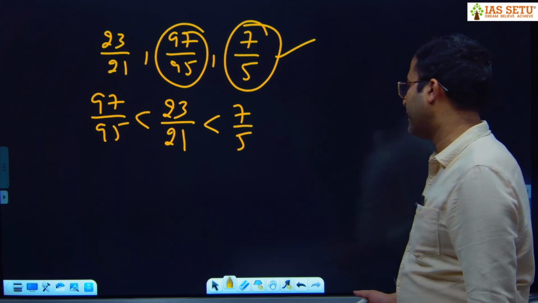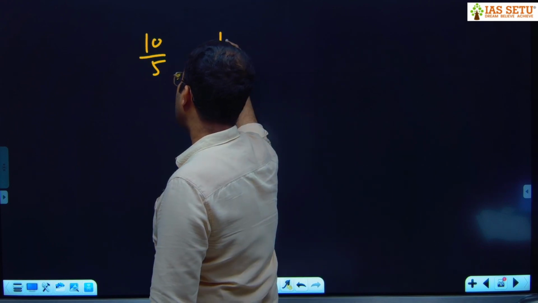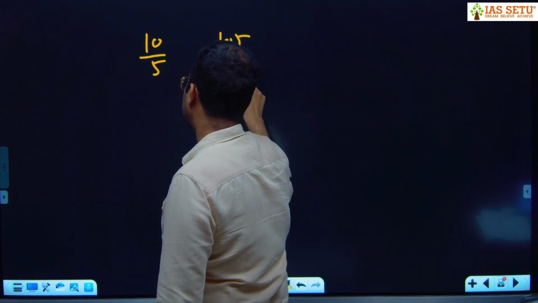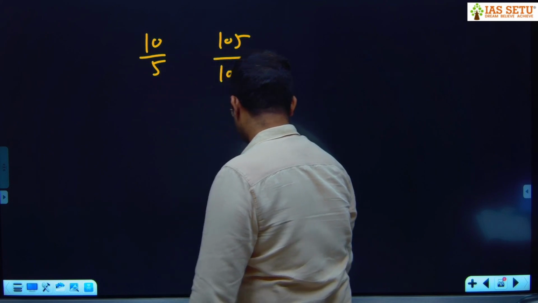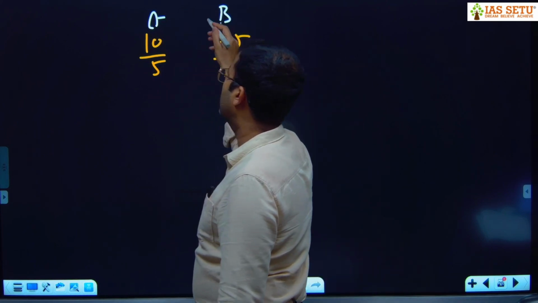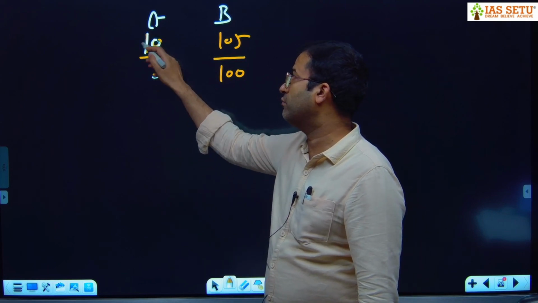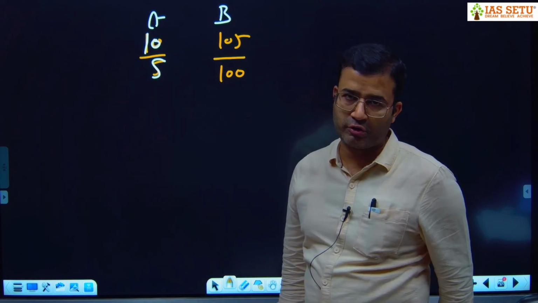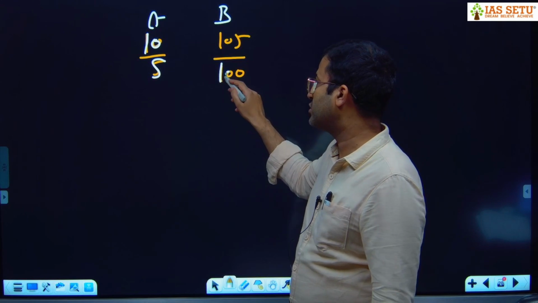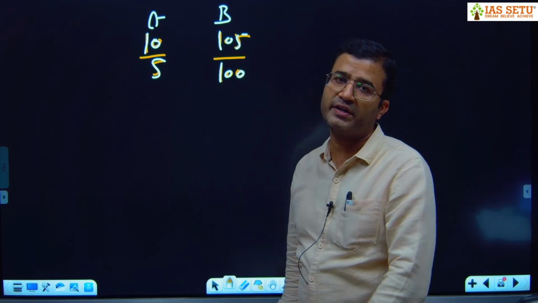I can explain it to you. Like here 10 by 5, 105 upon 100. Like these are two businessmen. A put an investment of 5 crore, turnover 10 crore, net profit 5 crore. B put an investment of 100 crore, turnover 105 crore, net profit is 5 crore.